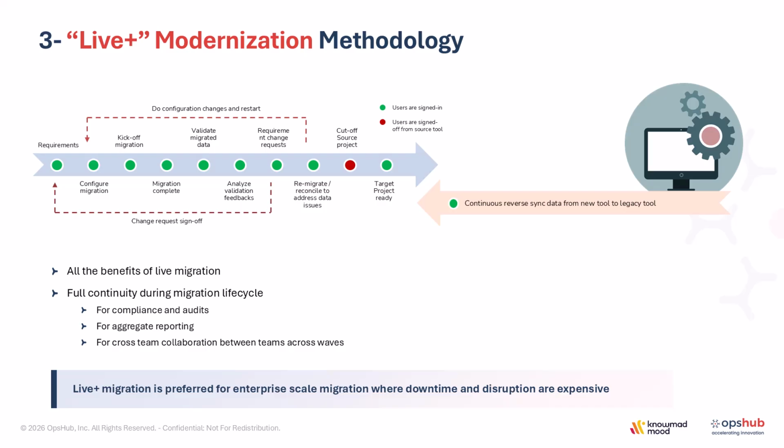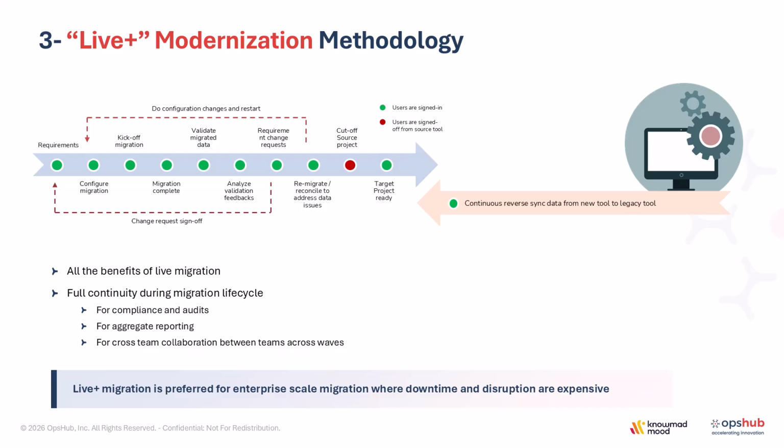So the Live Plus methodology can help with that because with Live Plus, we can also reverse sync the data from the new tool back to the source system. So that way a team which once they cut over to the target system and they start making any changes, any work, that becomes visible to the teams which are still in the legacy tools.